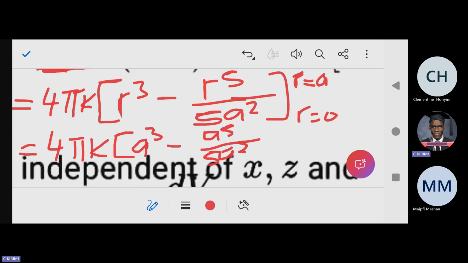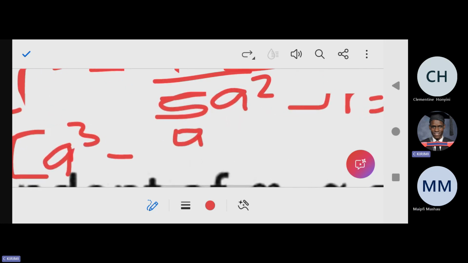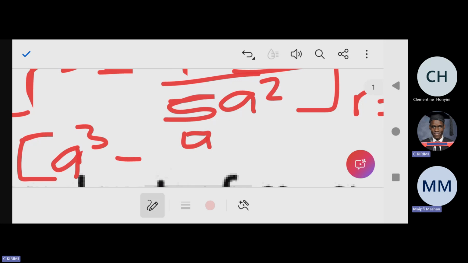The a squared on the denominator and the a to the power 5 on the numerator, so you are only left with a to the power 3. That one is the simplified form after we have dealt with the a's.